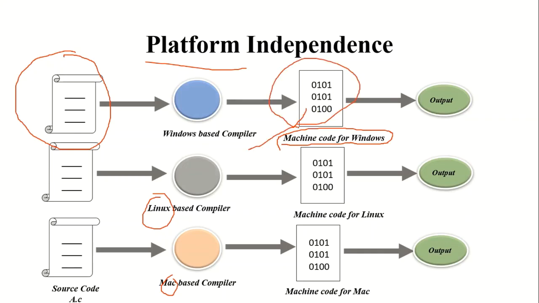So remember, if the source code is compiled in a Windows machine, the machine code generated in .exe format can only be understood by the Windows machine. The executable code is not independent of the operating system. That's why it is not understandable by any other OS.